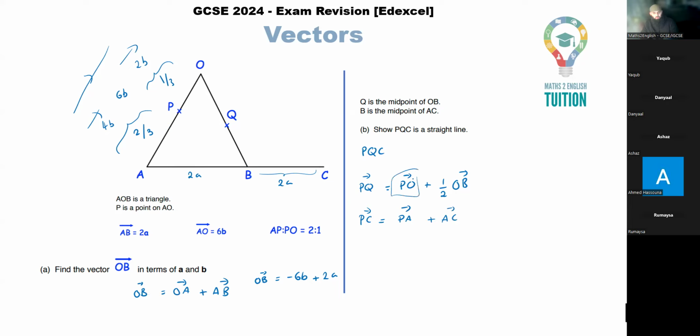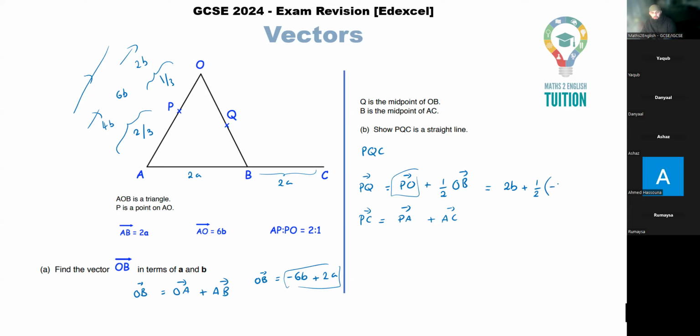So let's insert the numbers. PO is going to be literally this point, 2B. Half OB is going to be minus 6B plus 2A, so I can just put OB inside the brackets.